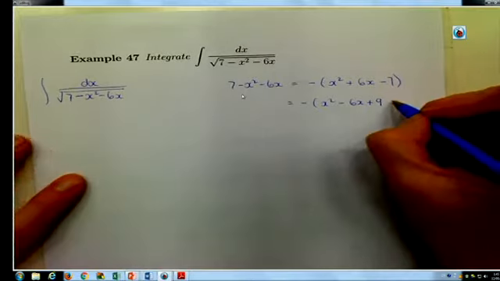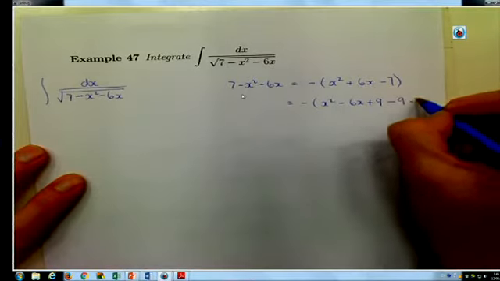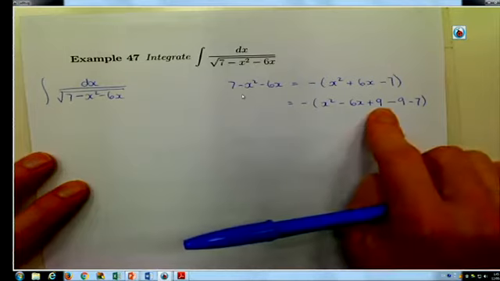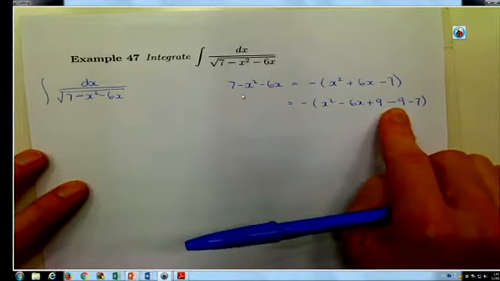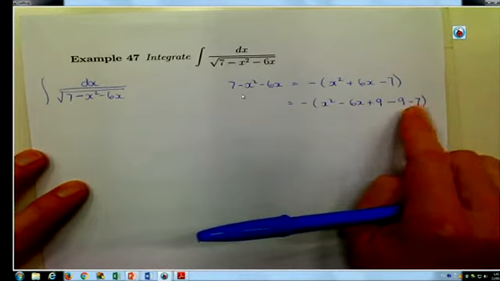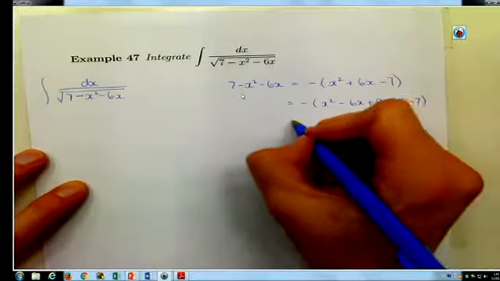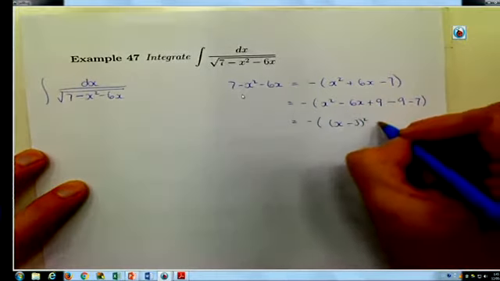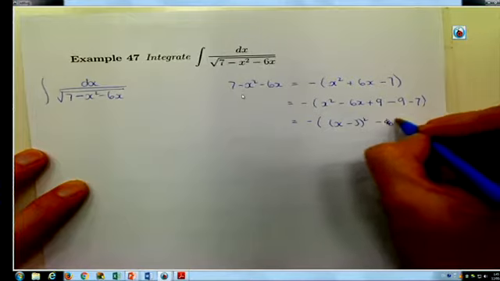But you're not allowed to change the question, so I'm going to do minus 9 minus 7, the 7 that was there before. Okay, so I added 9 because that was convenient, and then I have to take it away so I don't change the question, and then I've got the 7 from before. So then I get x minus 3 squared minus 16.